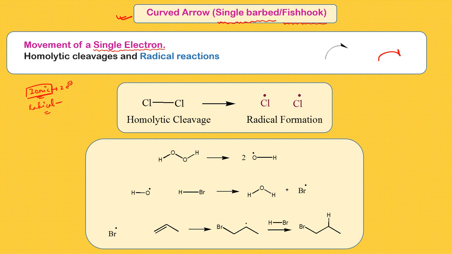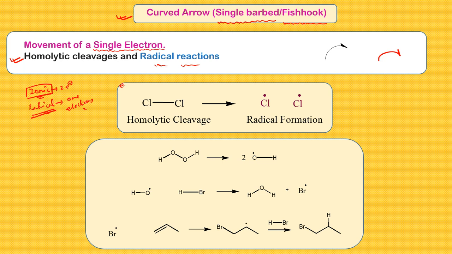But wherever we have a radical reaction, it is the involvement of one electron, and this can be represented with this curved arrow with the single bar. Most of the time, all homolytic cleavages and radical reactions are represented with this.